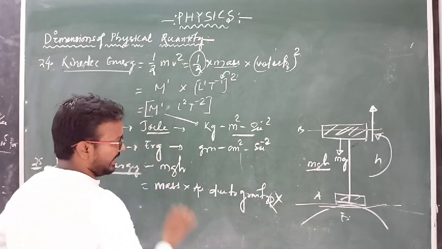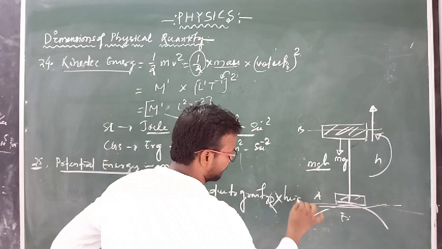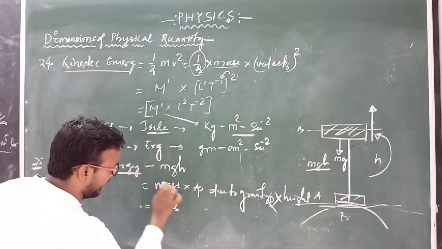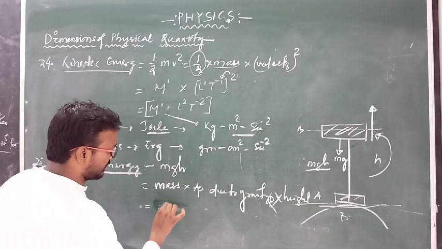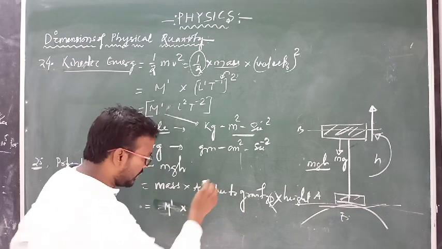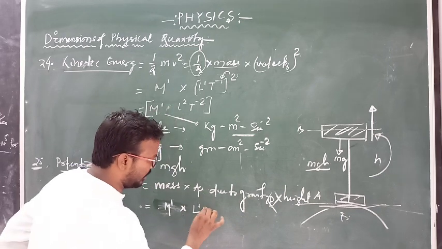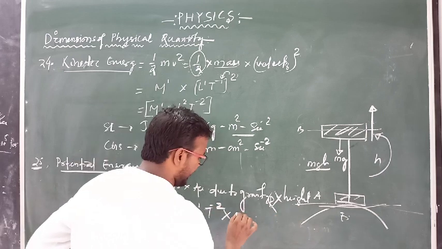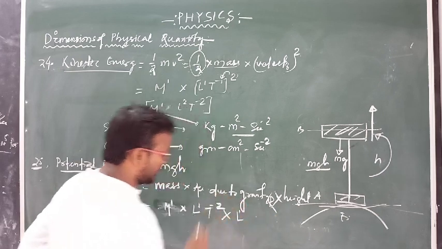Here mass, and we know the dimension of mass, we can write that is M1. Acceleration due to gravity, and we can write the dimension of acceleration L1 T minus 2, into height, it is measured in terms of distance, so L1.